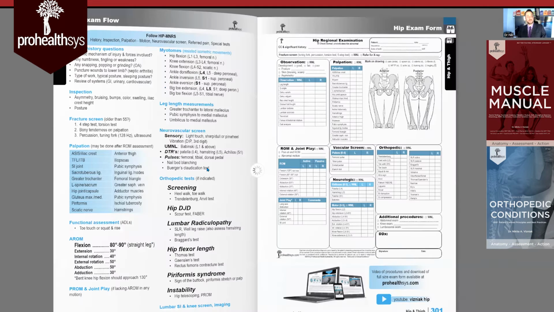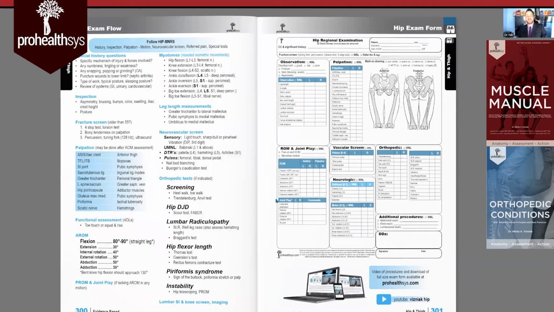And the reason that I made these, whoops, we'll go back this way. The reason that I made these is because I cannot remember all of this content. This is more than I have to be able to remember right here. So we made up a cheat sheet that is the exact same as the exam flow.